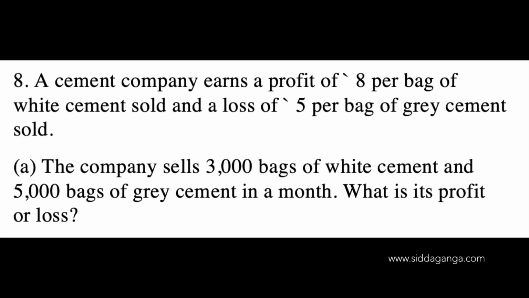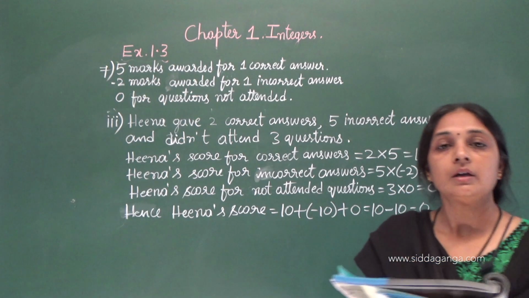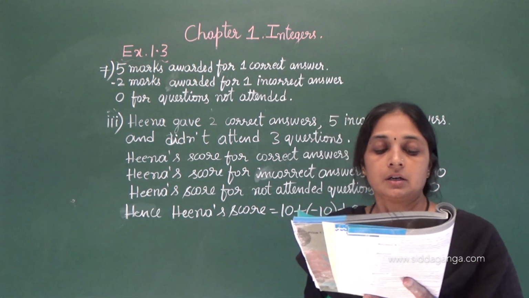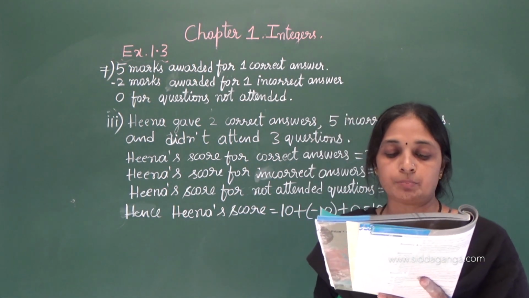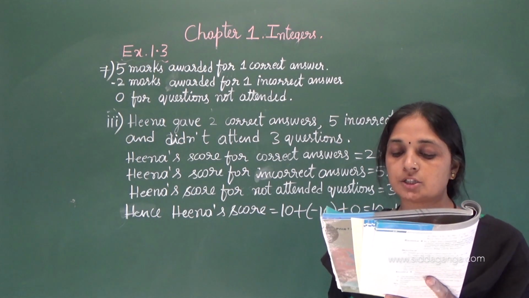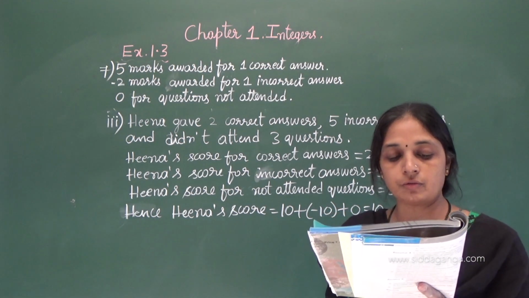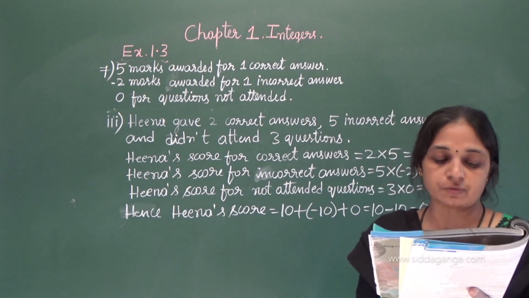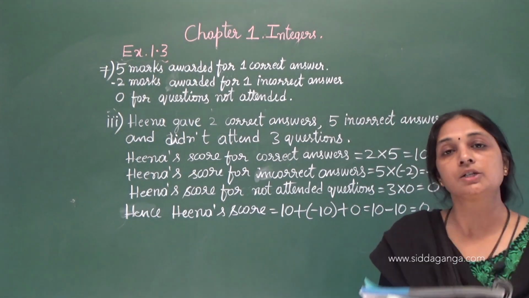The first question is, the company sells 3,000 bags of white cement and 5,000 bags of grey cement in a month. What is its profit or loss? Okay, I read again. A cement company earns a profit of rupees 8 per bag of white cement sold and a loss of rupees 5 per bag of grey cement sold.